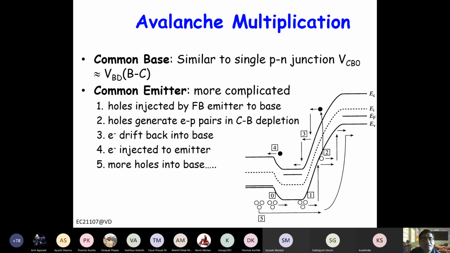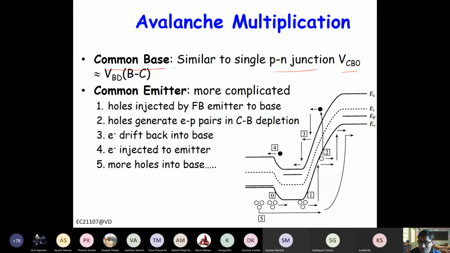Okay, so avalanche multiplication. For common base, it is very similar to a single PN junction, and we have a breakdown voltage called VCBO. For common emitter, there is an amplification factor involved.